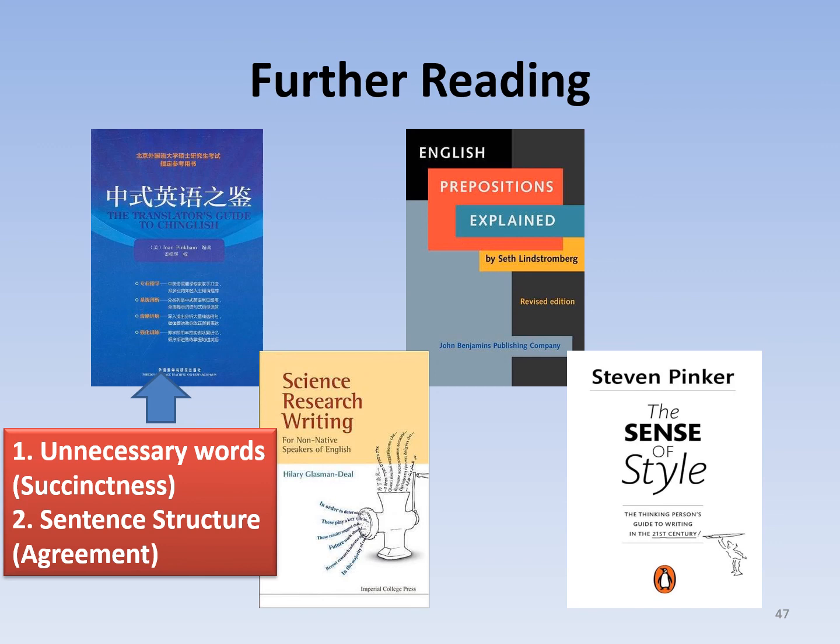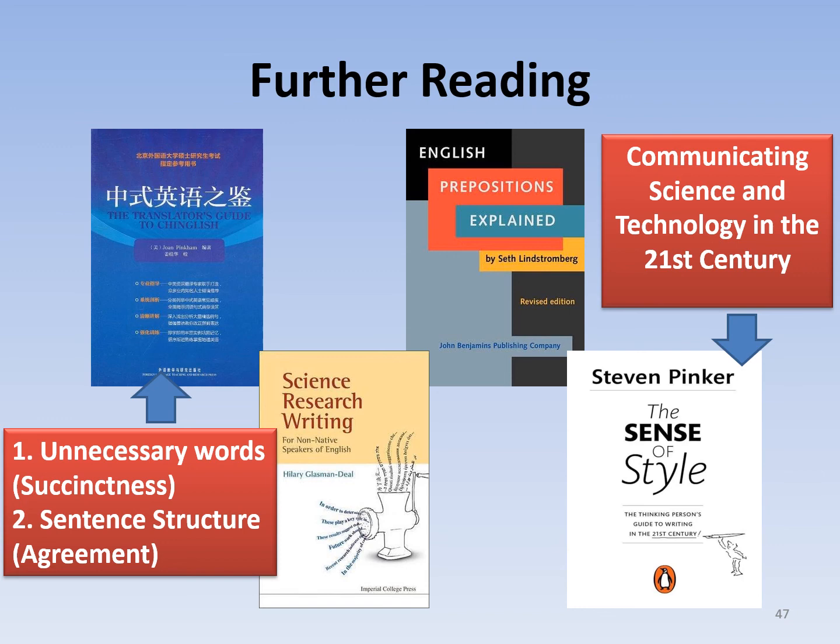The first part is all about succinctness, it's basically about style, and the second part is essentially all about agreement. And there is also a great YouTube talk by Steven Pinker. You can just go home and Google communicating science and technology in the 21st century, and try to look for a talk given by Steven Pinker on scientific writing, and that'll help. These are the things that I recommend you to look up.